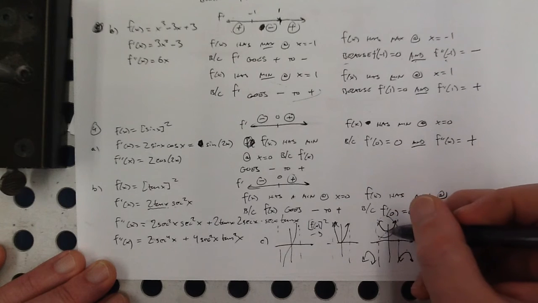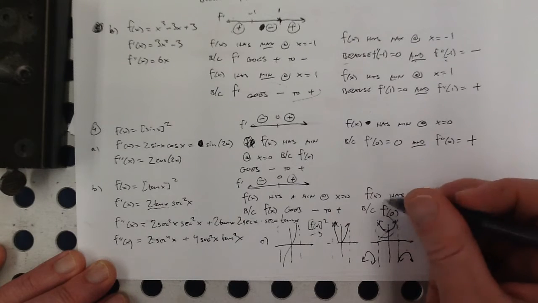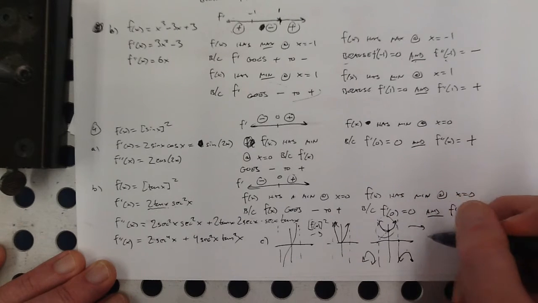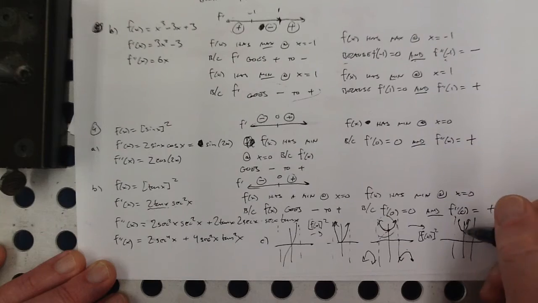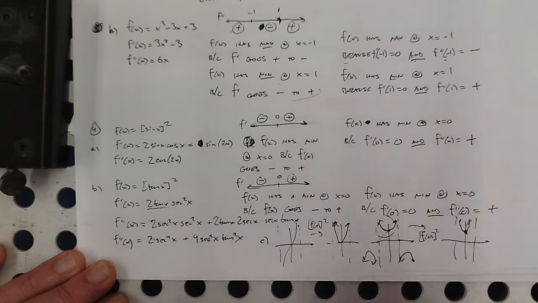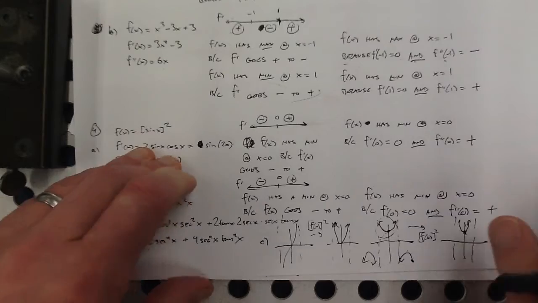Now those are all positive. Of course, 1 squared is 1, and anything bigger than 1, when you square that, it's going to get bigger. So when you square that f of x, you're just going to get something that looks an awful lot like that. It's just going to make it steeper in there, but the minimum is going to be in the same spot.